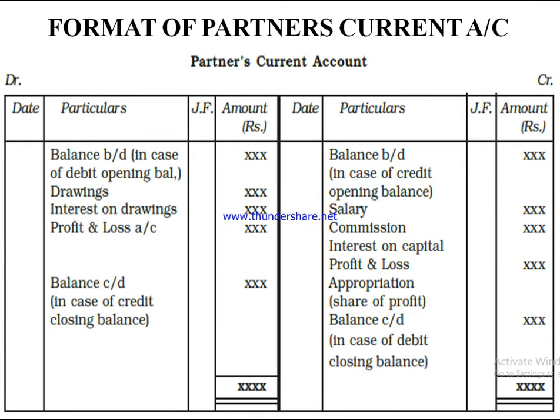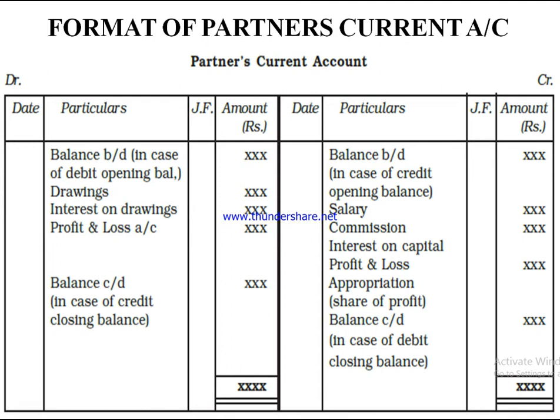Next, as I told you, when there is a profit from the profit and loss appropriation account, we show it on the credit side, and if there is a loss from the profit and loss appropriation account, we show it on the debit side. Clear? So after making all the entries, now we will total both the amount columns again.